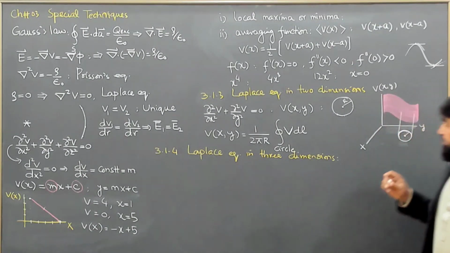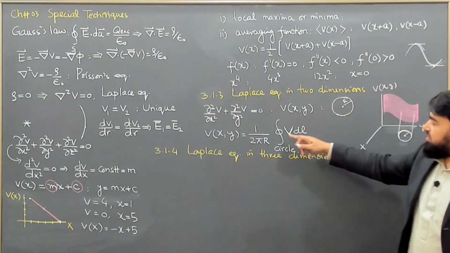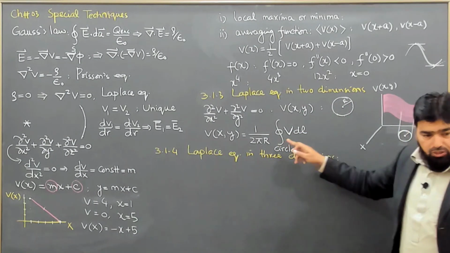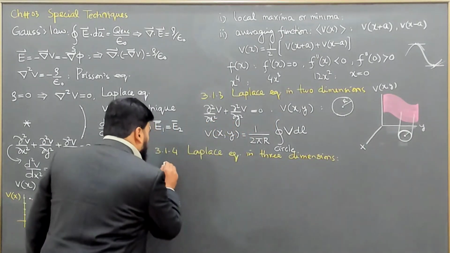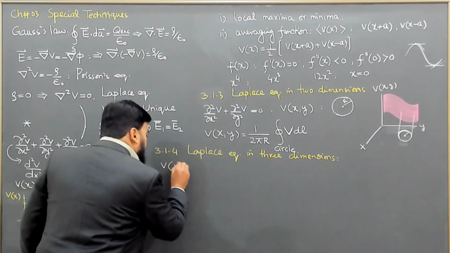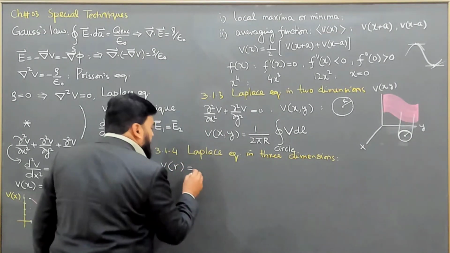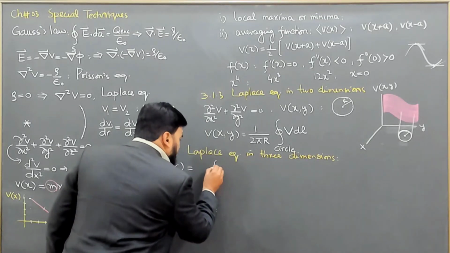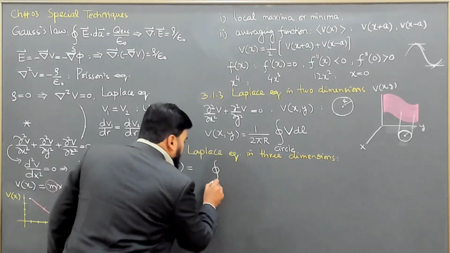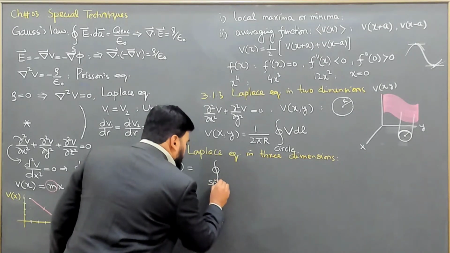In 3 dimensions, we replace the circle with a sphere. So we write V as a function of R as a closed surface integral over a spherical surface.